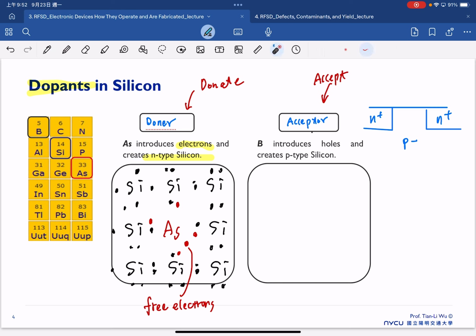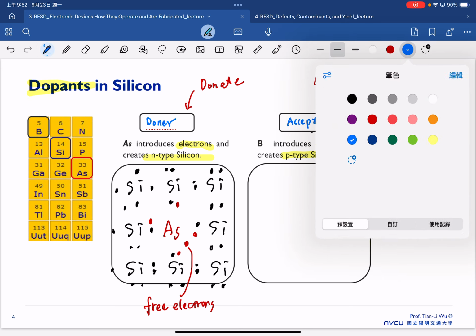And the acceptor introduces holes and creates the p-type silicon. In this case, the only way we can accept something is by using group 3 material.